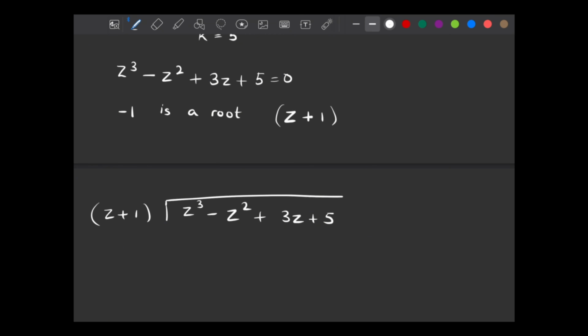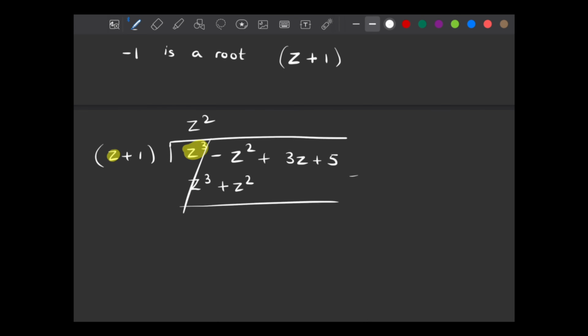So let's go ahead and divide these. So z cubed divided by z gives me z squared. So now I write down z cubed plus z squared. If you're unsure on how to divide 2 polynomials, I'll also link this below.